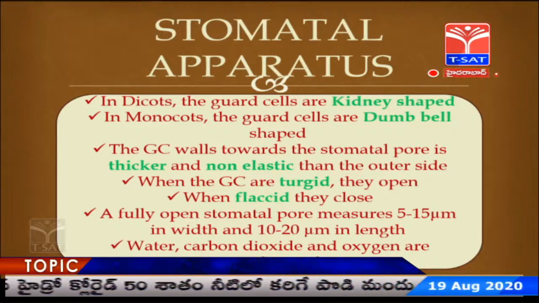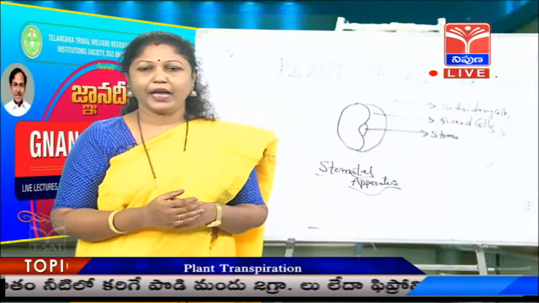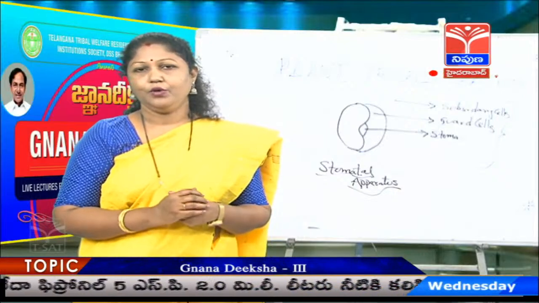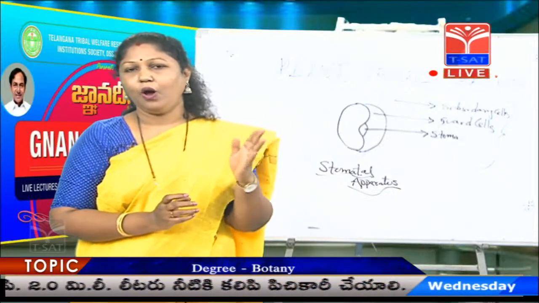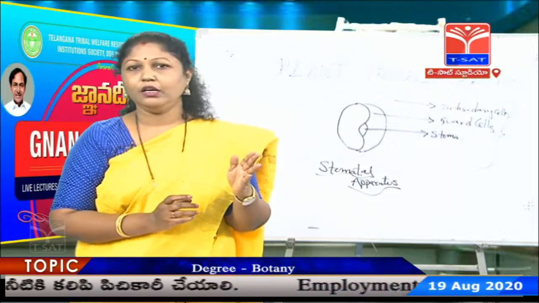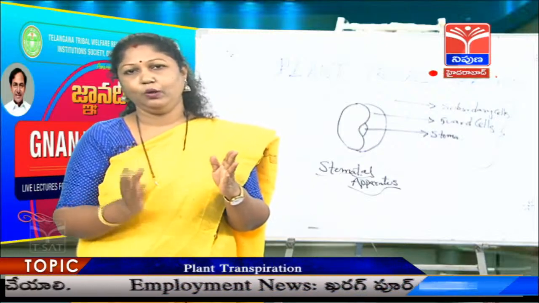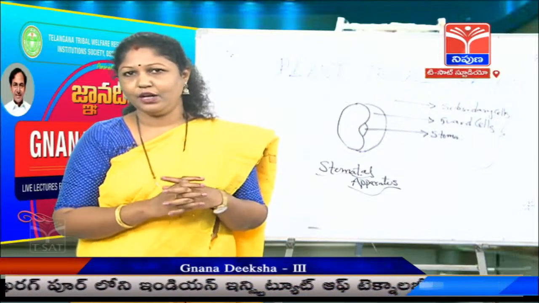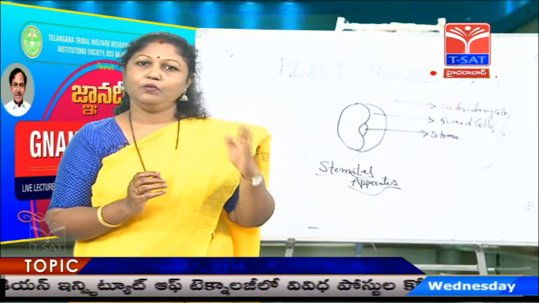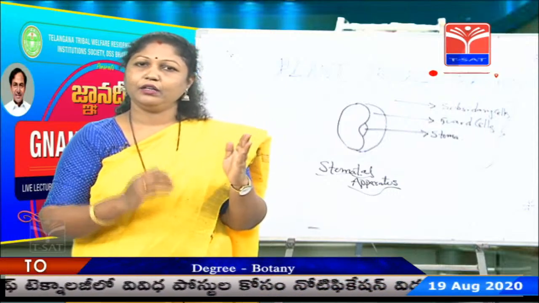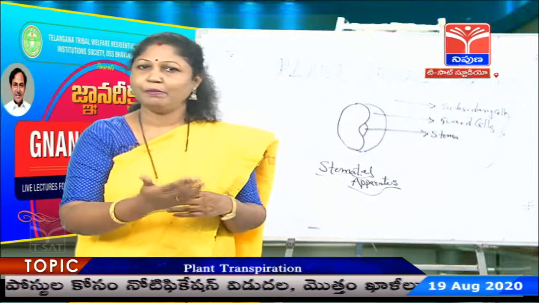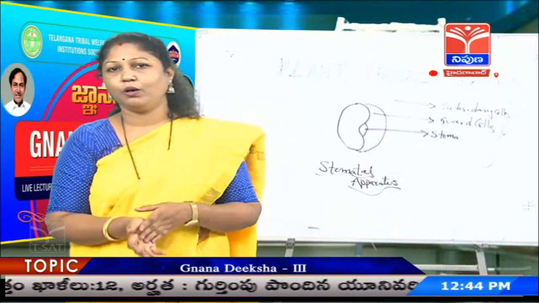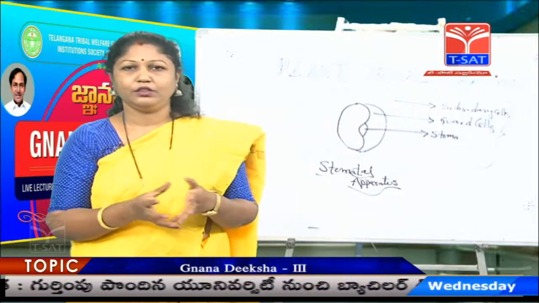Let us look into the nature of these specialized modified epidermal cells called guard cells. The outer walls of the guard cells are thin and elastic, whereas the lower inner part is quite thick and non-elastic. Because of the thin walls outside, water can move from the neighboring cells, whether subsidiary cells or normal epidermal cells, into the guard cells, leading to turgidity.